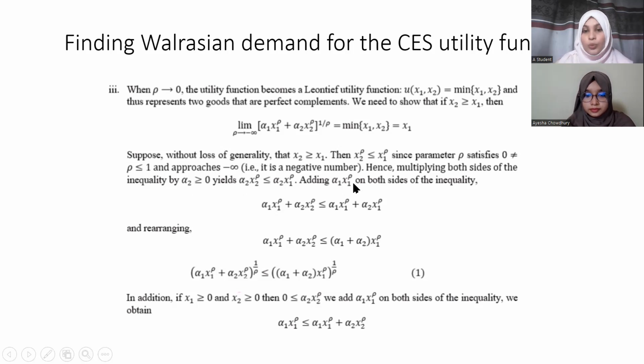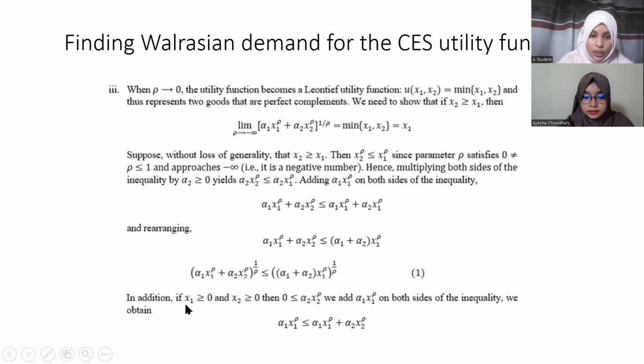Adding alpha 1 x1 to the power rho to both sides of this inequality and rearranging it further, we get the following equation. In the last equation, we applied the power of 1 by rho simultaneously on both sides.